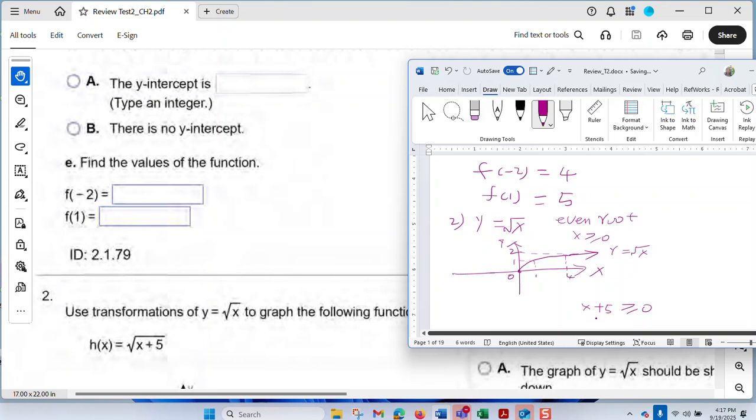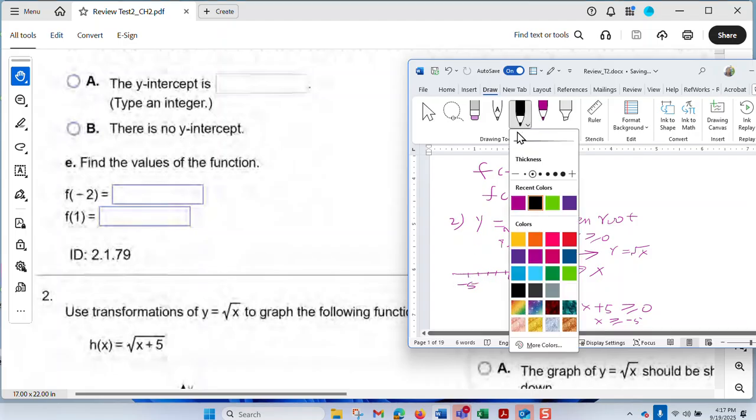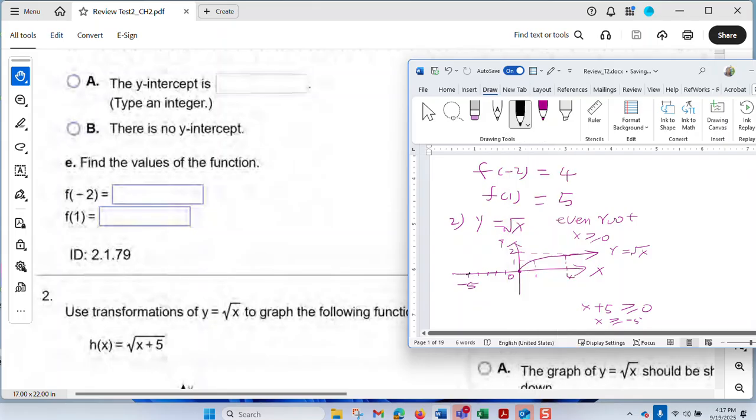If you solve for x, x will be greater than or equal to -5. So this one right here is the same graph, but moving to the left 5 units, so it will be something like that. All right, so this is h of x equal to square root of x plus 5, moving to the left 5 units.